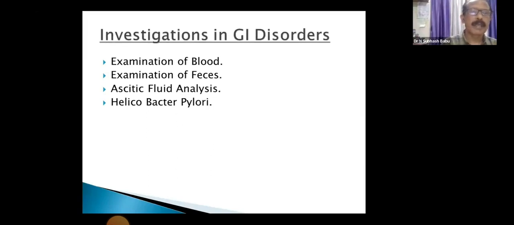In some conditions like ulcerative colitis and Crohn's disease, there will be occult blood, and in so many other conditions also occult blood will be there. That we have to differentiate. So occult blood we have to see, the mucus we have to see, the reducing sugar we can see.